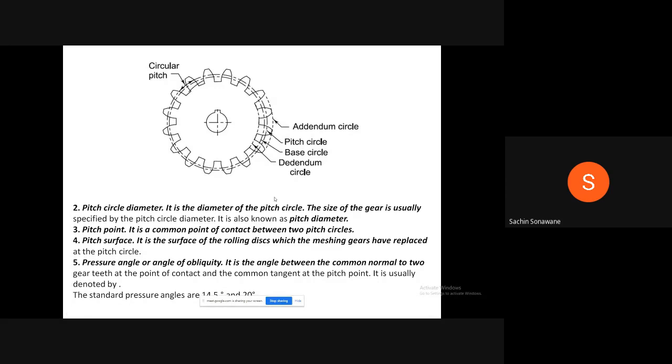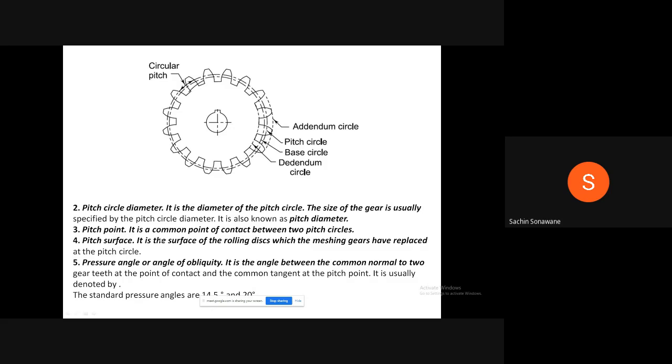Now, if we are saying that a gear is having 200 mm diameter, then that 200 mm diameter is nothing but the diameter of the pitch circle. Gear is usually specified by pitch circle diameter. Always remember. Now next definition is pitch point.